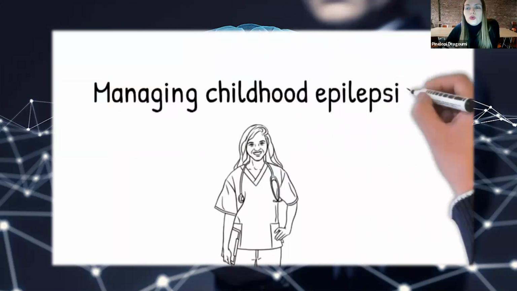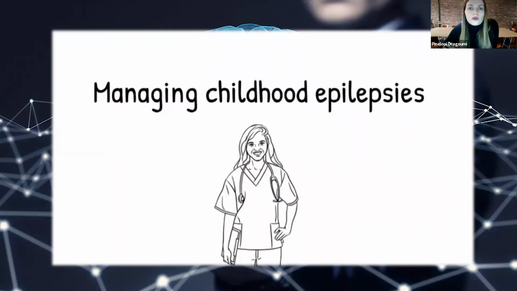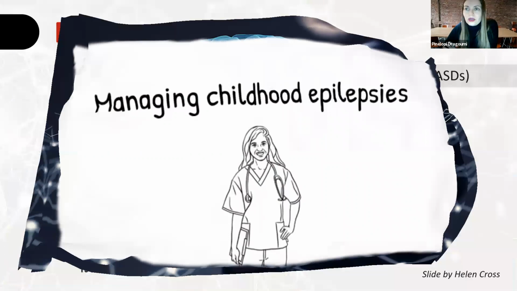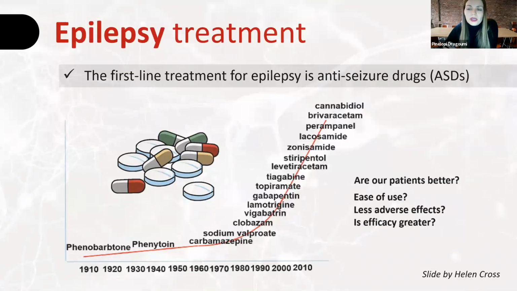And just to remind ourselves, what is the goal of epilepsy management? Of course, the first goal is to treat seizures, even though we did say that epilepsy is more than seizures.